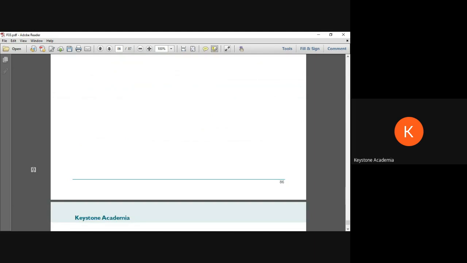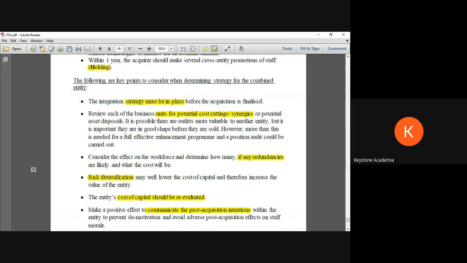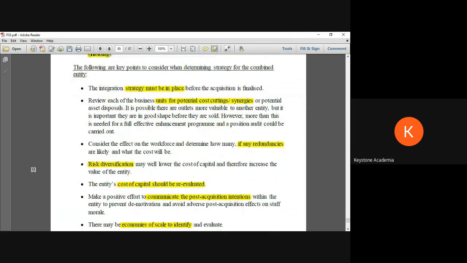That's it from this. Any questions on the last one? The important part from this chapter is the 3 ways you can do the deal: cash, share for share, and earn out.